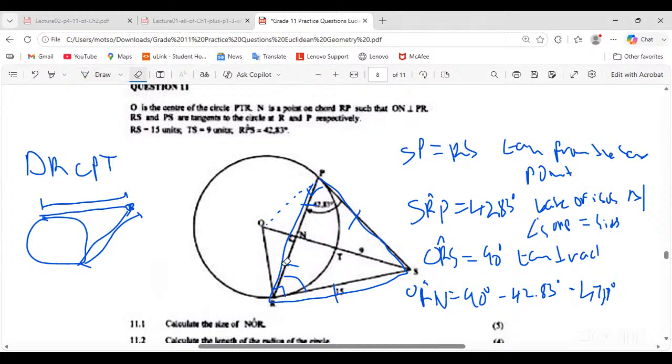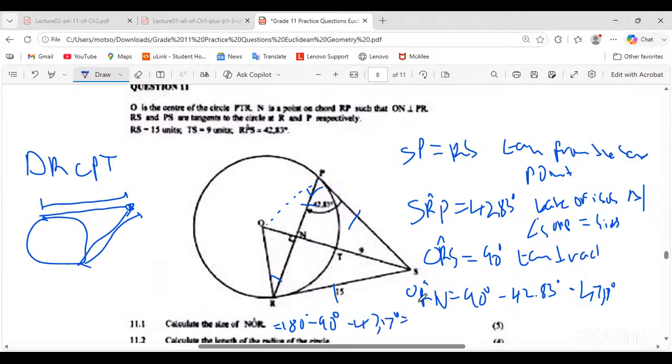Now, we are having this angle as that one, angle NOR. We can use interior angles of a triangle. Now, this angle will be equal to 180 degrees minus this 90 degrees minus this 47.17 degrees.